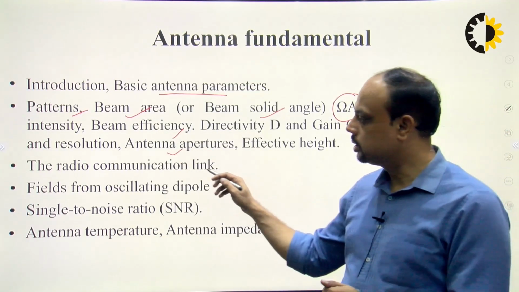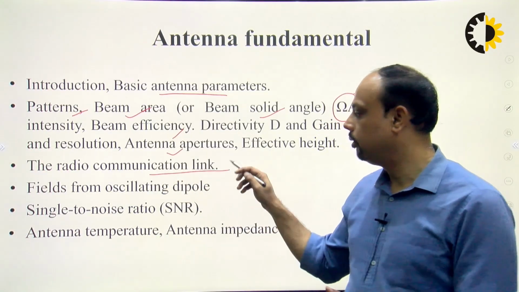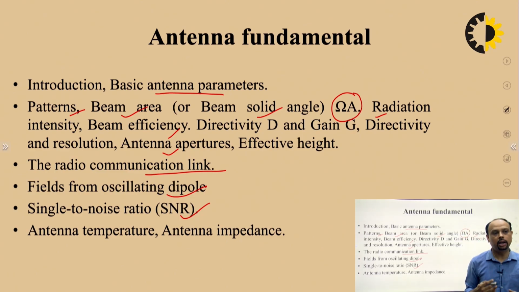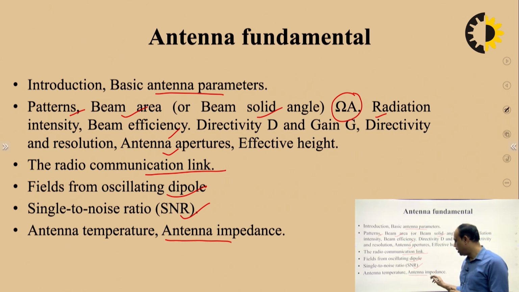Then we will discuss the radio transmission link, in which we will study in depth the Friis transmission formula. Then oscillating dipole, signal to noise ratio, how noise power affects the signal power, and how we will deal with noise power removal, and antenna parameter and impedance matching.